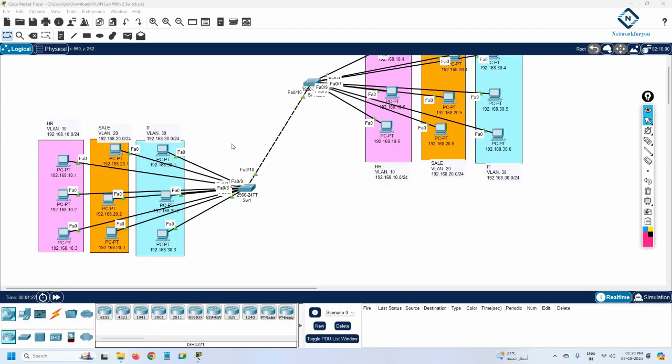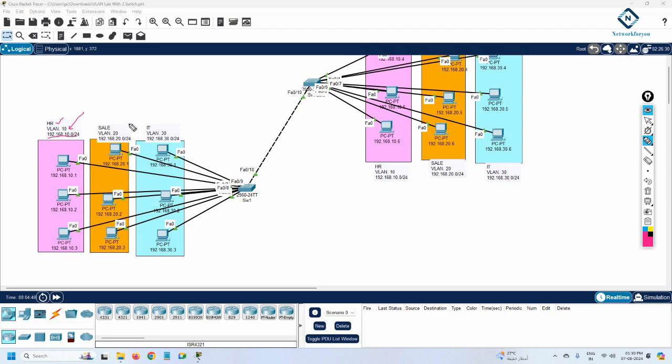Now here if you see, we have 3 departments. We have the HR department, and we assigned HR to VLAN 10, and we are using the subnet 192.168.10.0 for the HR department, that is VLAN 10. And we have VLAN 20.